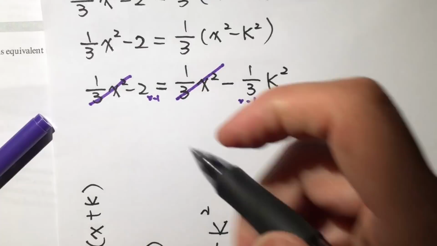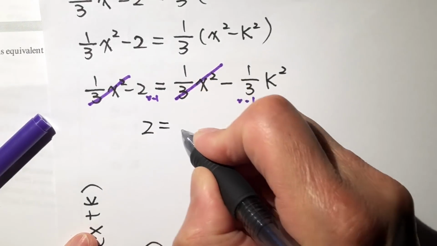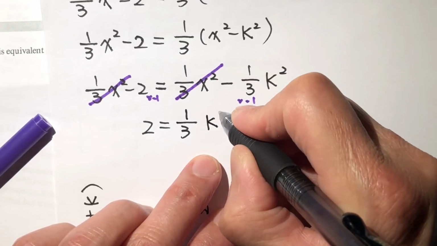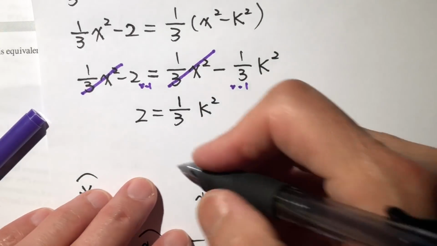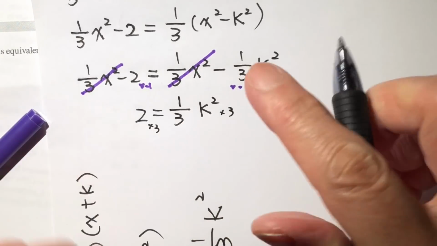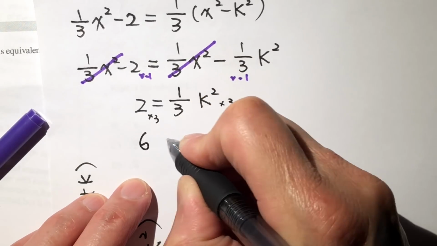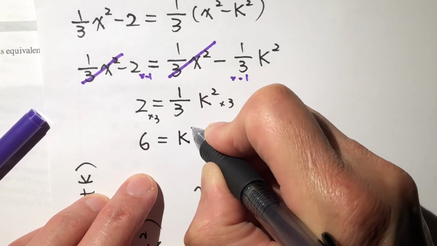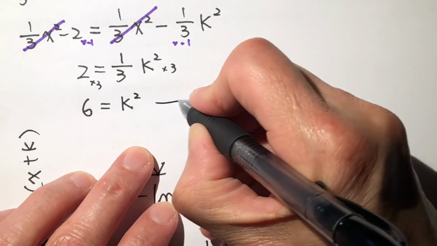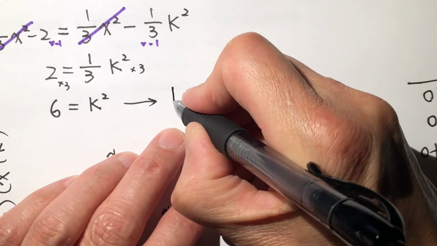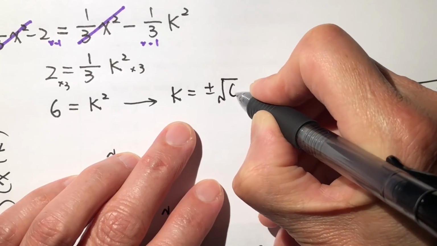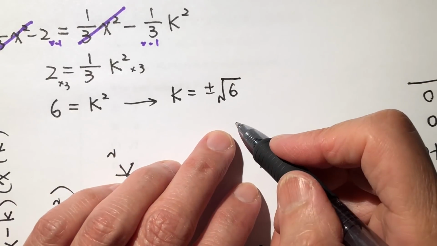So it becomes 2 equals 1/3 of k squared, right? So times 3 on both sides. So 6 equals k squared. At this time, what do we know? This brings us to k equals positive and negative square root of 6.